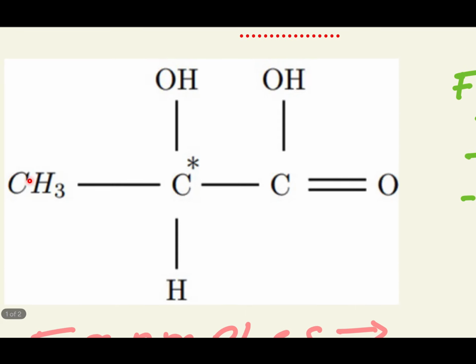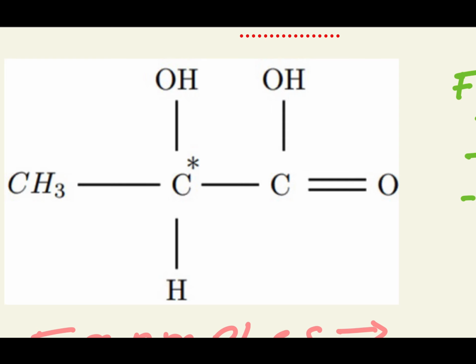But why is this carbon not a chiral atom? Let's figure it out. This carbon consists of three similar groups, or three similar atoms of hydrogen.